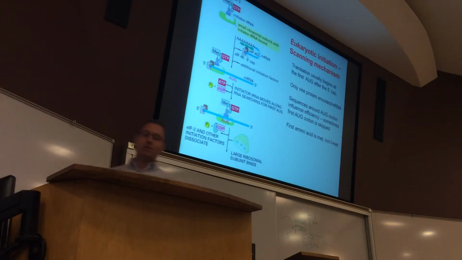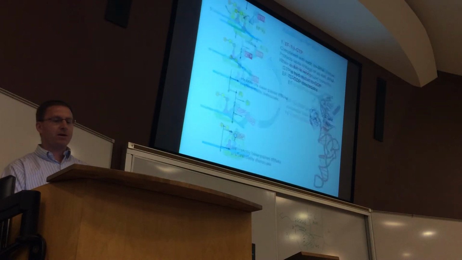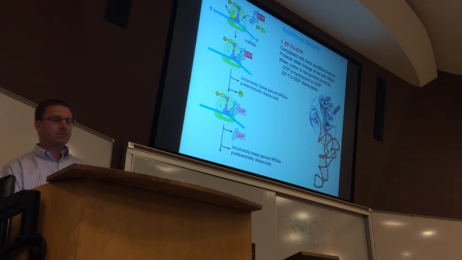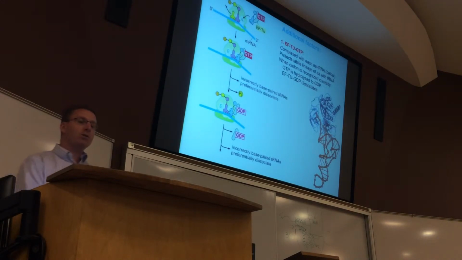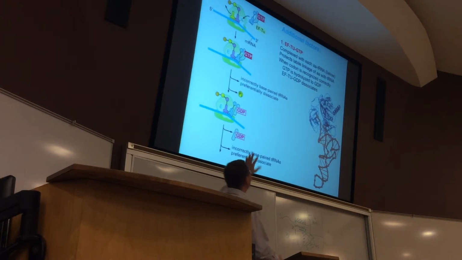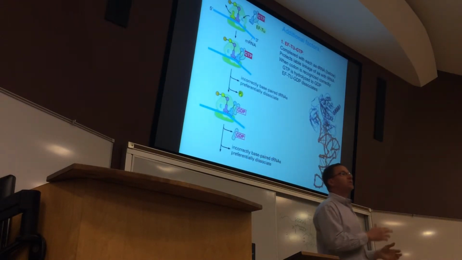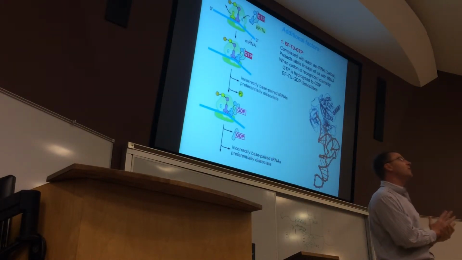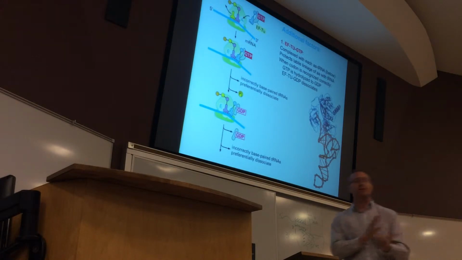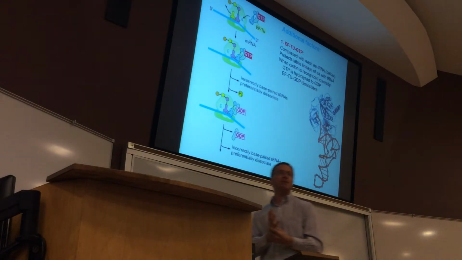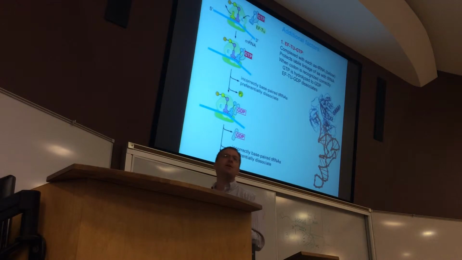I want to back you up because you need to see this comparison, so I apologize for the clicking. Here's normal, basic elongation. Remember that the blue molecule at the very top of the screen was released from an aminoacyl tRNA synthetase with a very high energy linkage between the amino acid and the tRNA.